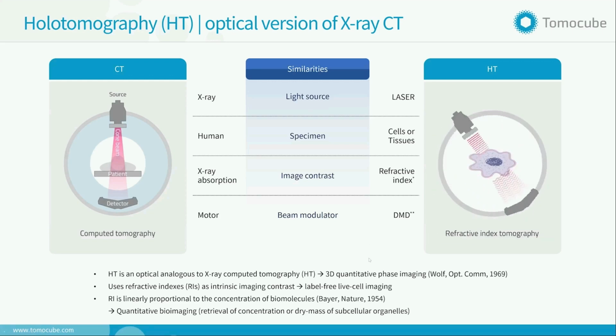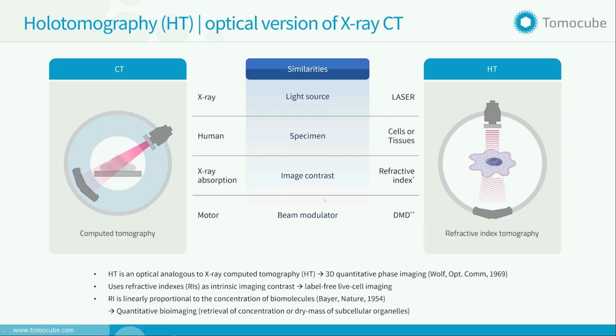So by measuring multiple 2D holograms, from which you can retrieve three-dimensional distributions of the refractive index, you can visualize cells and subcellular organelles without any preparation or any staining. So even though those two techniques look different, they share the same physical principle. But in HT, we use light and we look inside of the cell, but everything is the same.